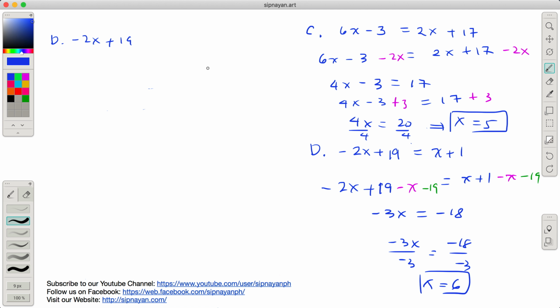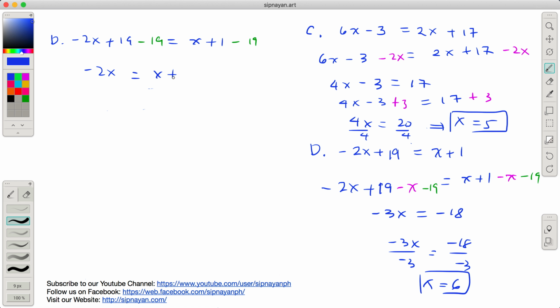Baan natin para meron tayo paglalagyan ng 19. This is equal to x plus 1, di ba? And then we subtract 19. Kasi gusto natin lahat ng numbers na sa kanan. Okay? So matitira na ako dito sa kaliwa. This is negative 2x. 19 minus 19 is 0. And then 1 minus 19 is negative 18.